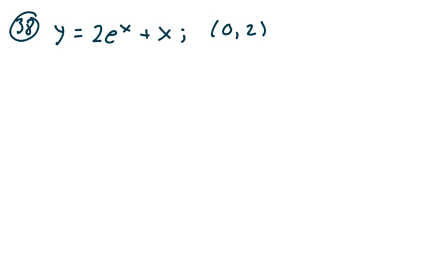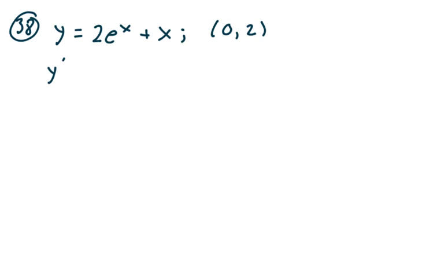Let's do problem 38. Suppose y equals 2e to the x plus x, and the point is (0, 2). Same idea, we're trying to find the equation of the tangent line.